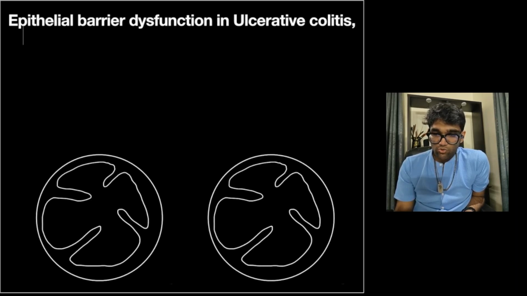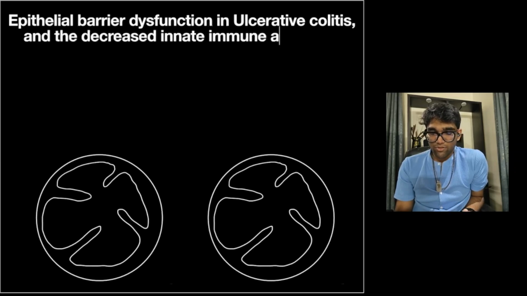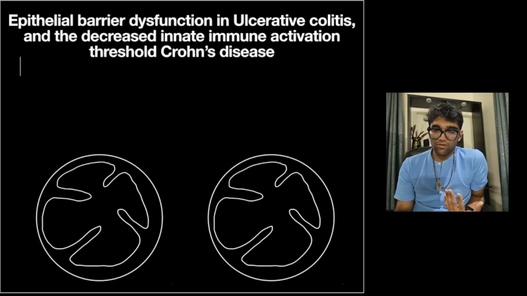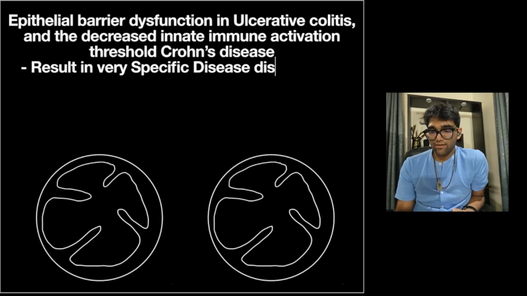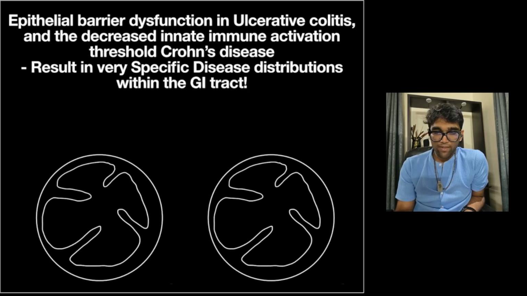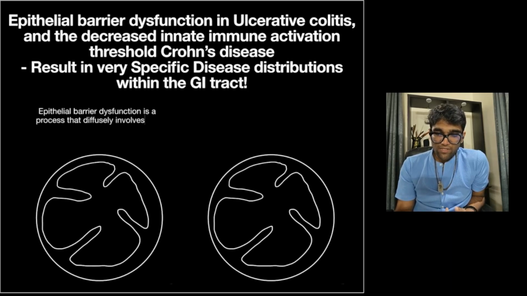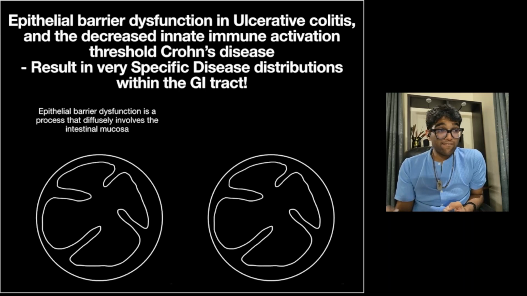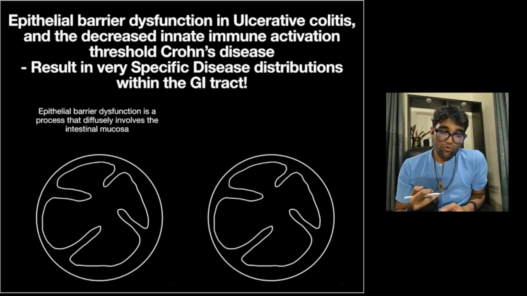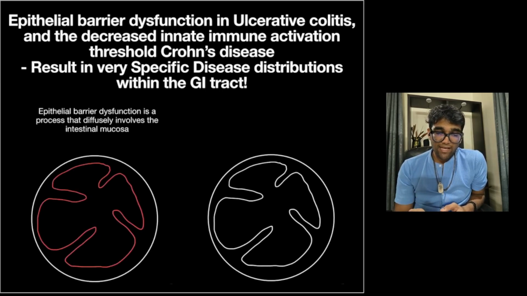So these are two separate cut sections, cross sections through the intestine. Now in the first situation you've got epithelial barrier dysfunction. The thing is, every single epithelial cell has these genetic polymorphisms that are resulting in barrier dysfunction. So the problem affects the entire mucosa contiguously.